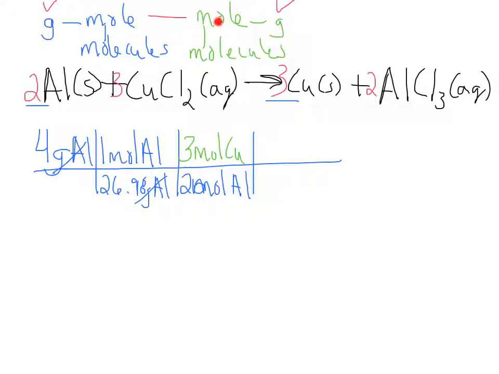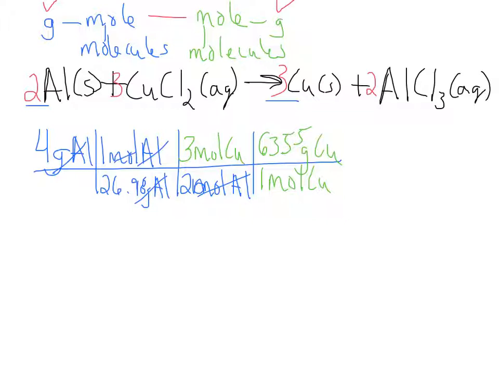Next, we're going to go from moles of copper to grams of copper. So we know how to do that. 1 mole of copper, and put the molar mass of copper on the top, 63.55 grams of copper. Okay, so let's cancel out our units.